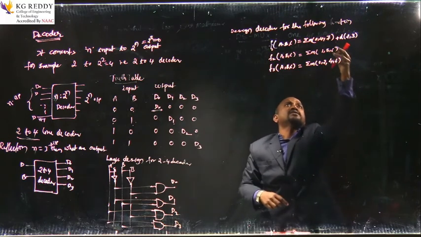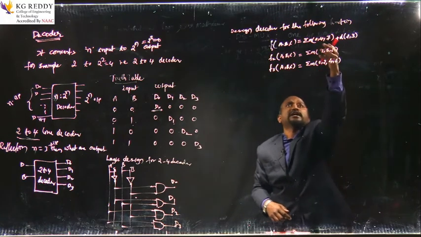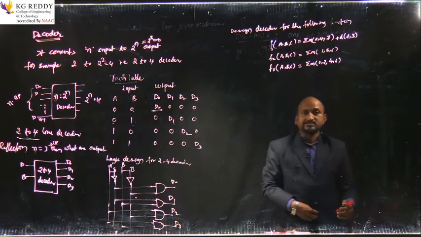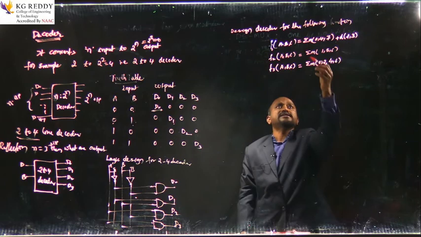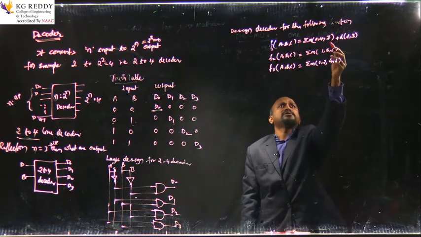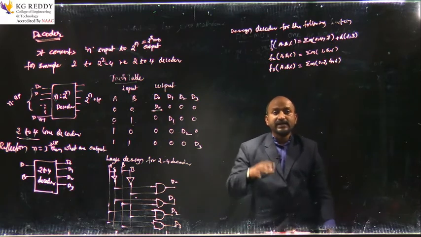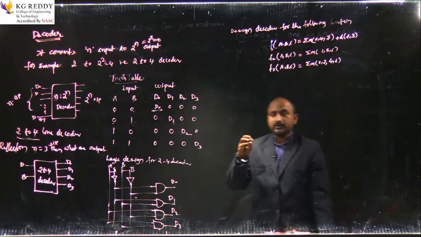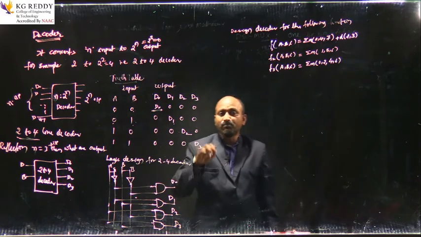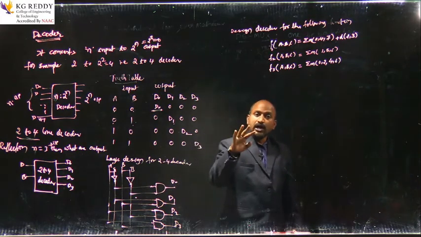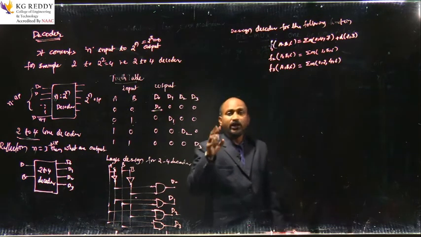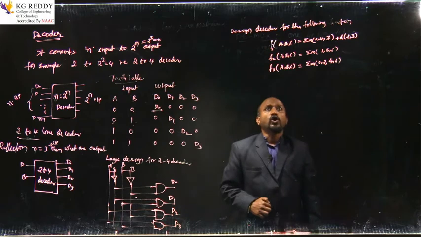If you observe this sum of products, the maximum number is 7. 7 means it has 8 outputs. 7 means octal number, which has 3 bits of binary. So this is the octal number system which can have 3 inputs and 8 outputs.